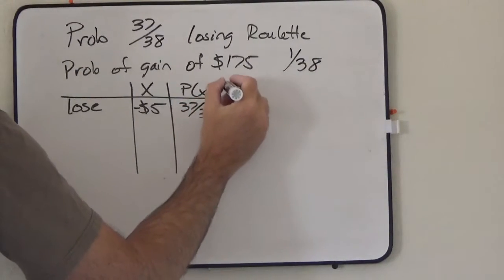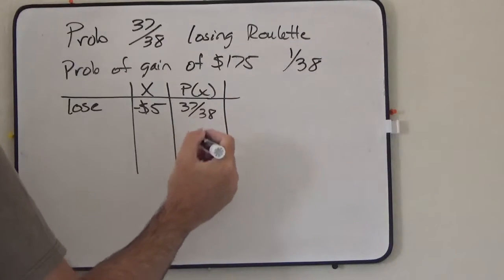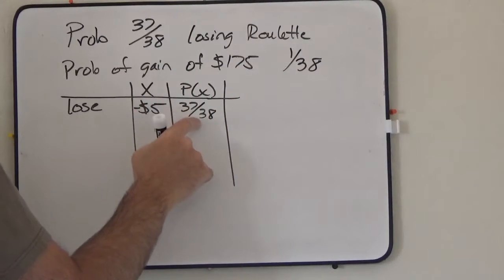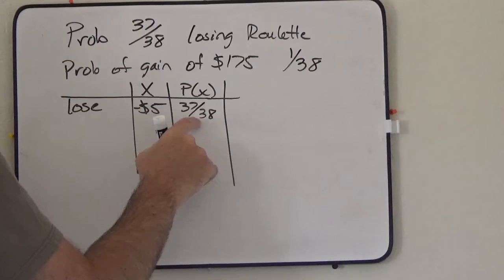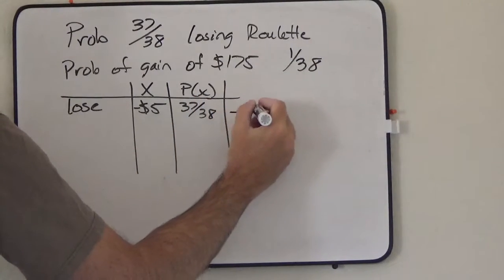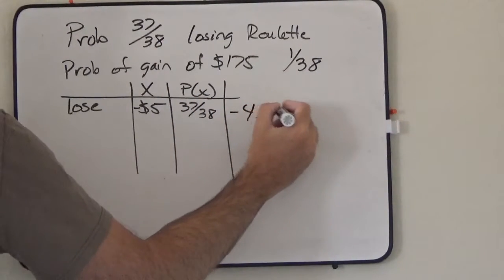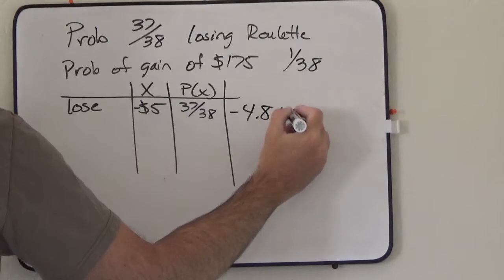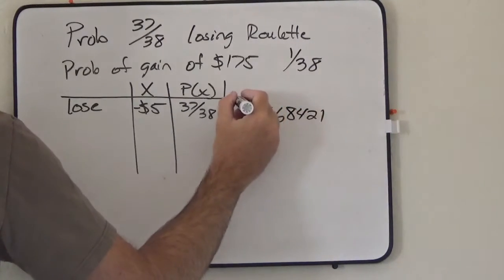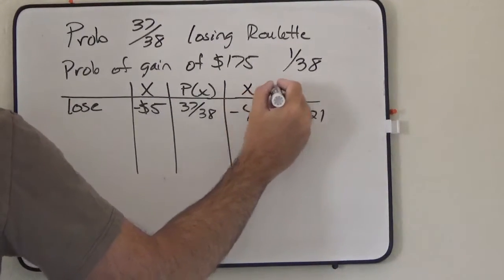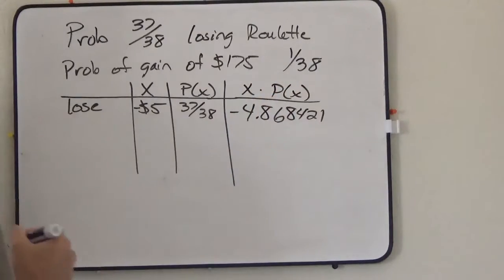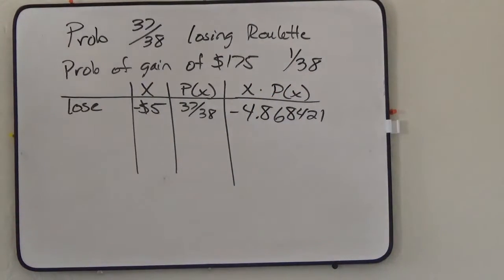And our expected value here would be this times that, right? So that answer is negative 4.868421. Okay, that's X times P of X. Remember, that's how we find expected value, which is your mean.